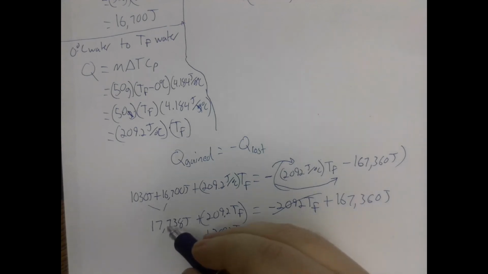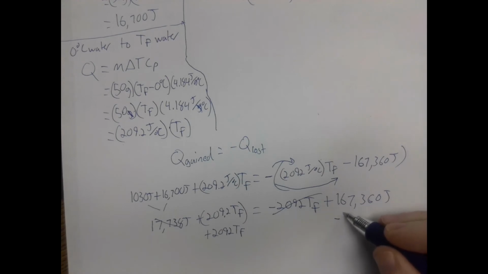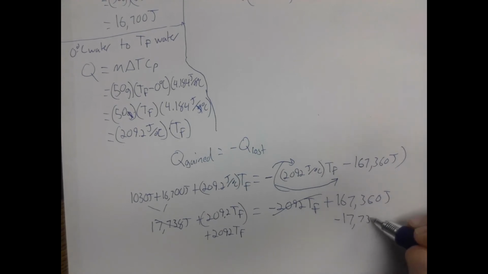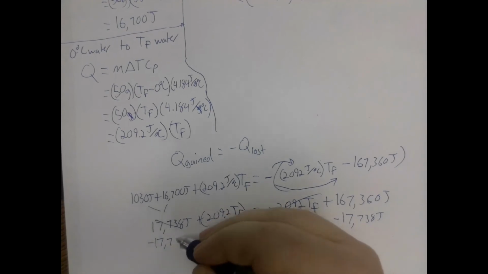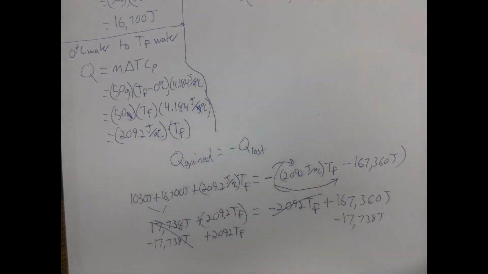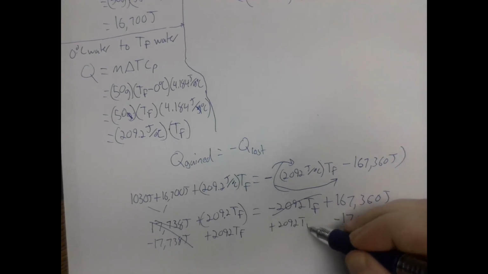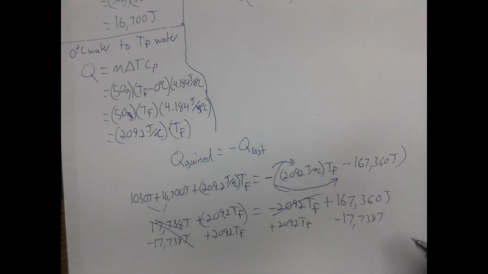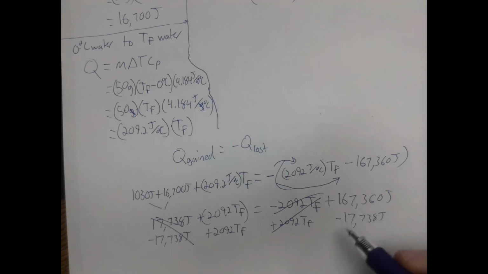So we add TF to both sides, canceling it out on this side, and subtract 17,738 on both sides to cancel it out and move it over.